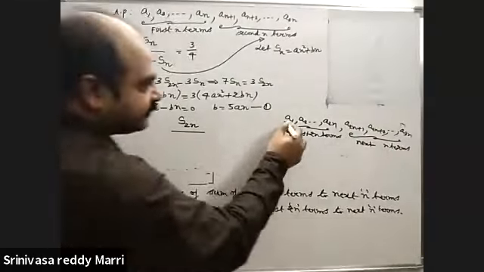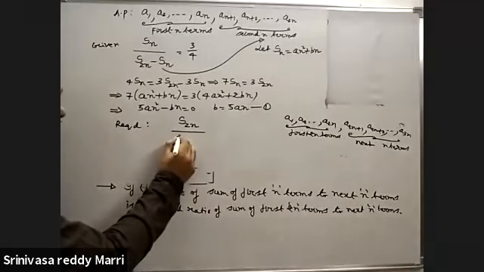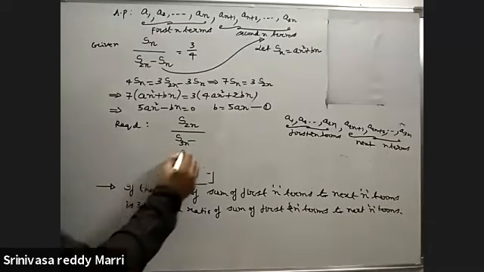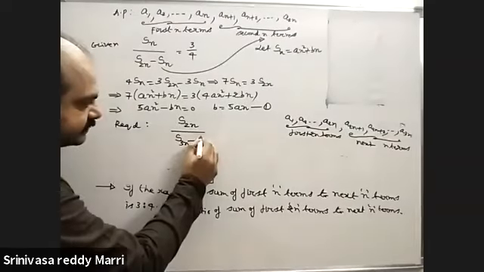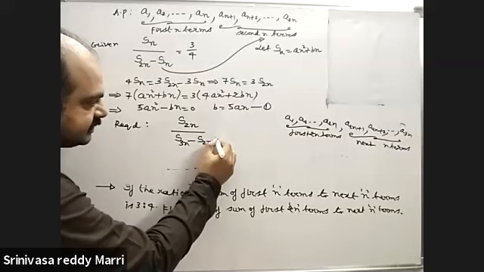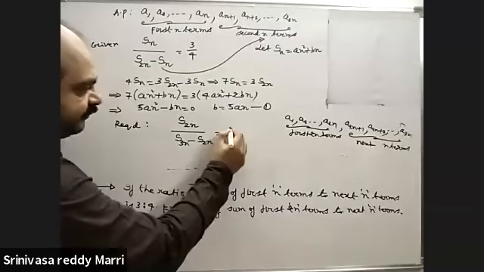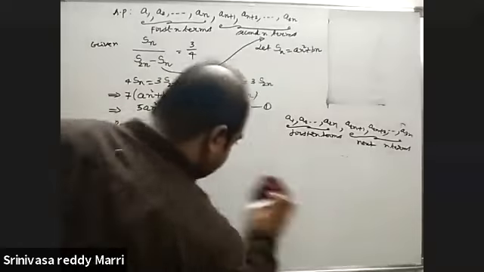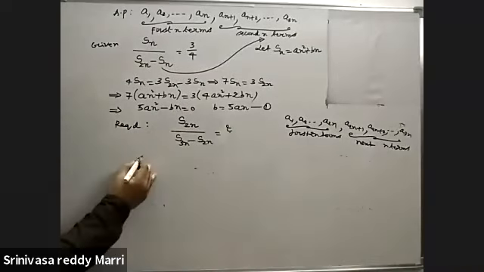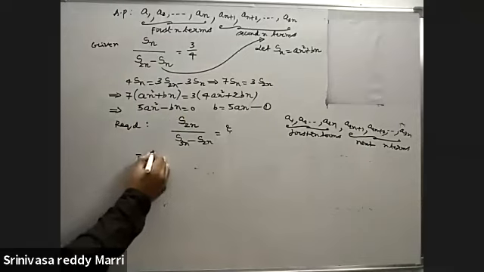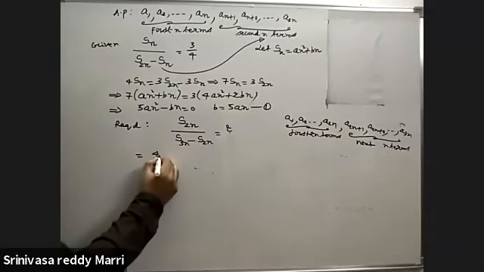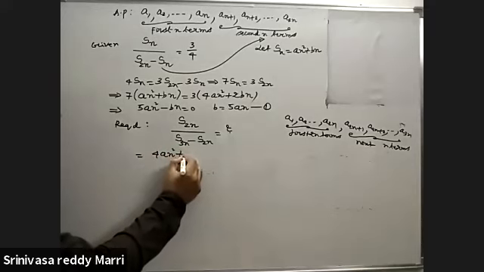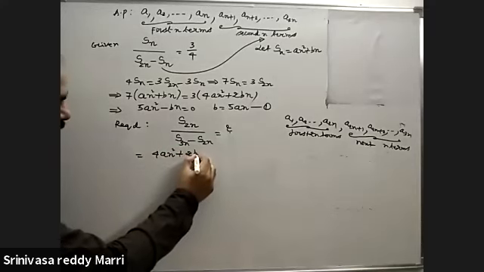That means from the starting to 3n terms we will calculate S3n. Always we will calculate the sum from the beginning, minus the first 2n terms. So this is the ratio you want to find out. Now S2n means substitute 2n: 4An square plus 2Bn.